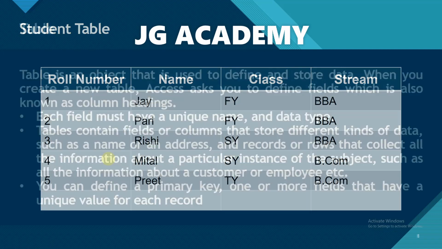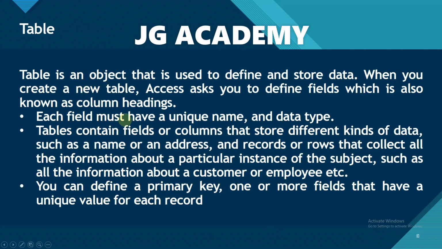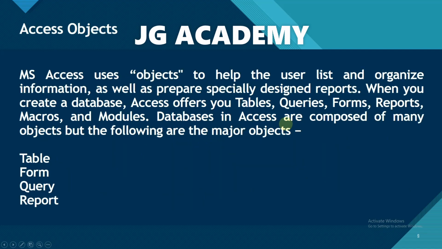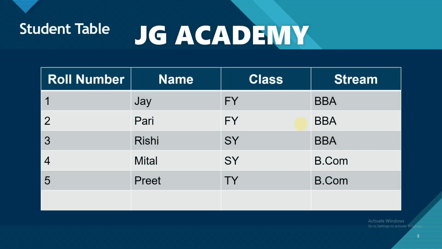Now rule number 1: each field must have a unique name and a data type. That means whenever you create any table, the first field, as you can see here, roll number, name, these are the fields. That means you cannot create this kind of field again. Access won't allow you to create another field with the same name like roll number, because you have already created this field.